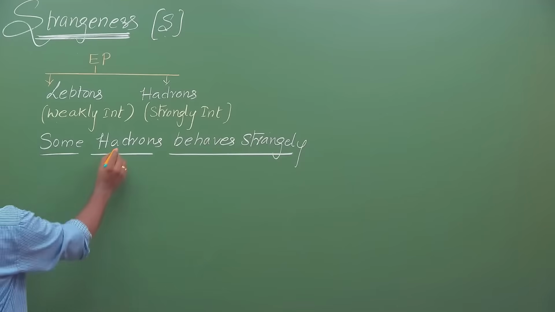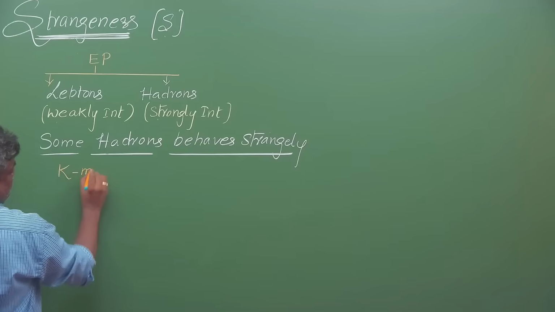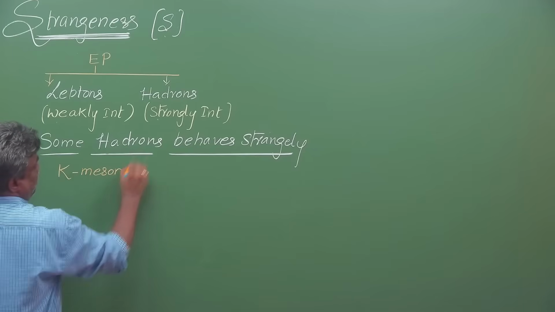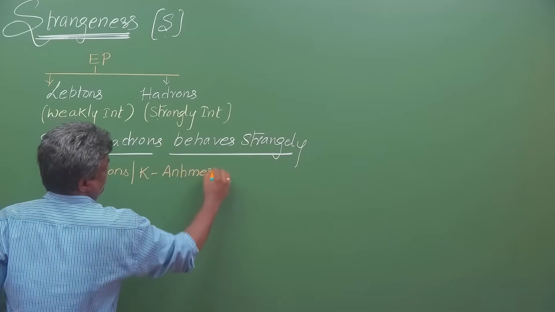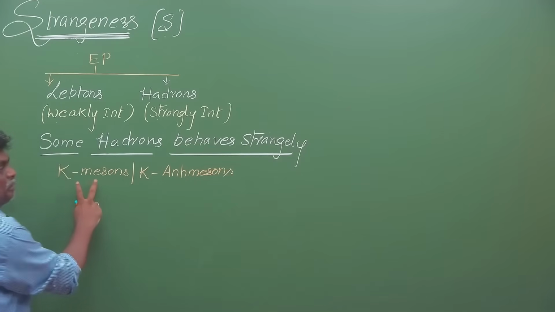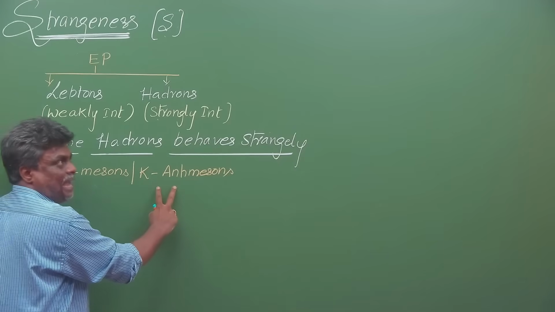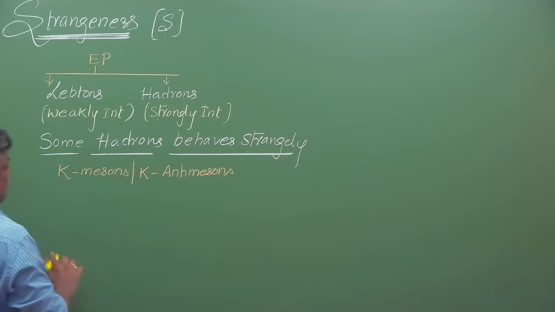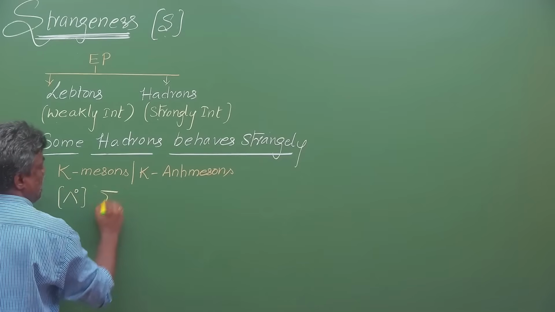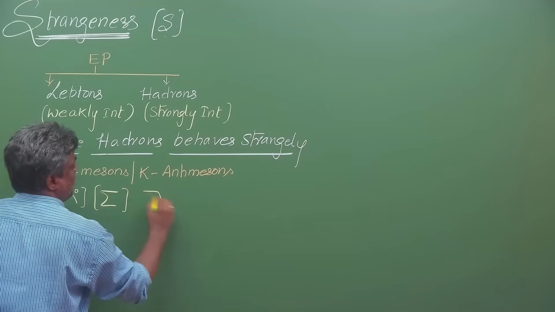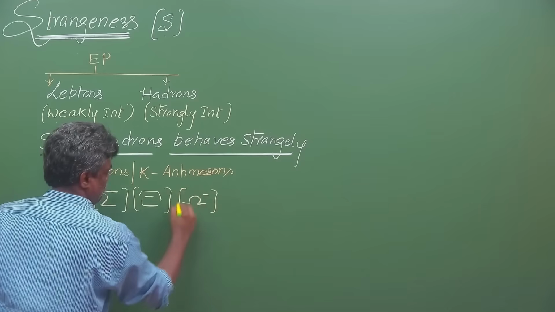So what are some hadrons? K mesons and K anti-mesons. I hope now you got it. K mesons means K plus and K naught. Anti-mesons K minus. Next, lambda naught, sigma group, cascade group, omega minus.